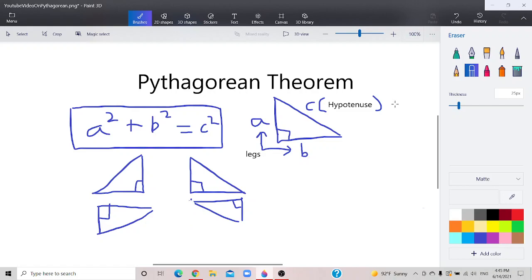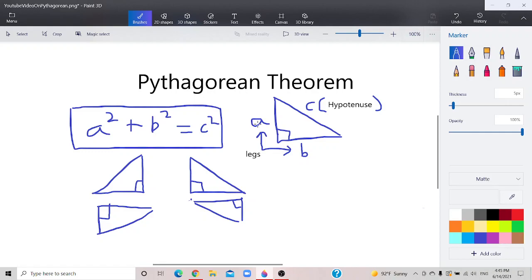So, how do we use the Pythagorean theorem? Well, first we have to discuss the sides, because in the explanation we will be using explanations of the sides to properly understand how it works.